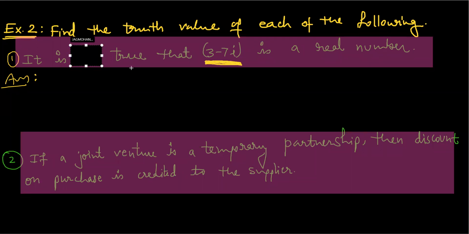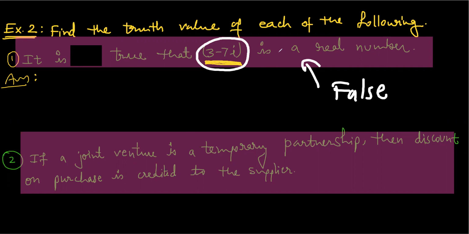If I'm asked to give the truth value of this statement with not hidden, I will say it is false, because I know this is complex. So it is false if not is not there.